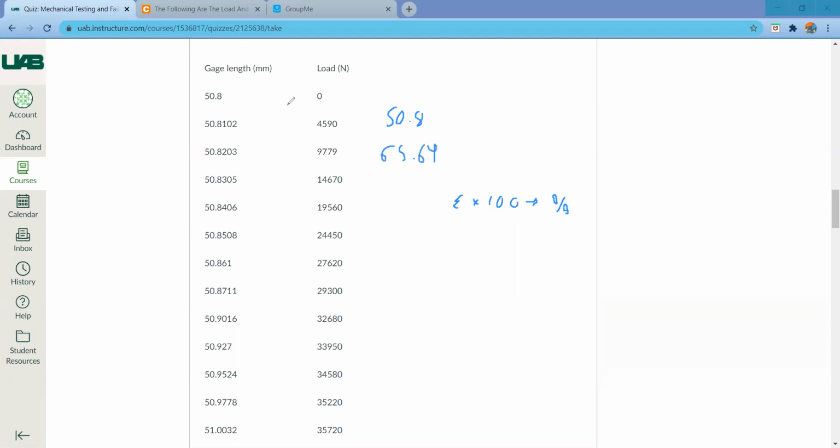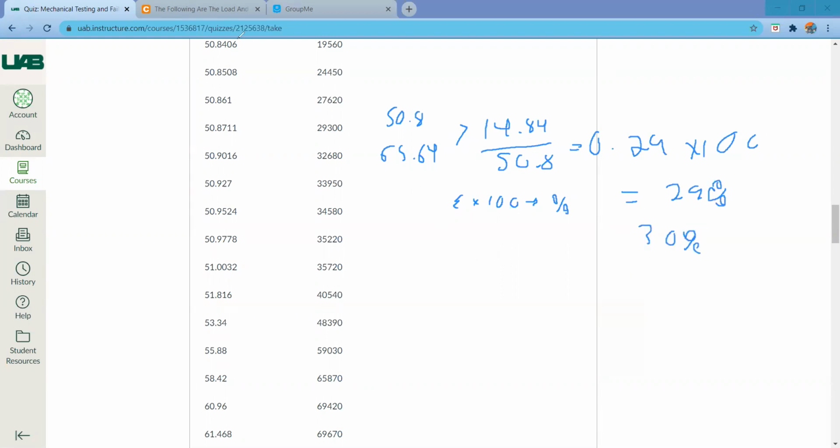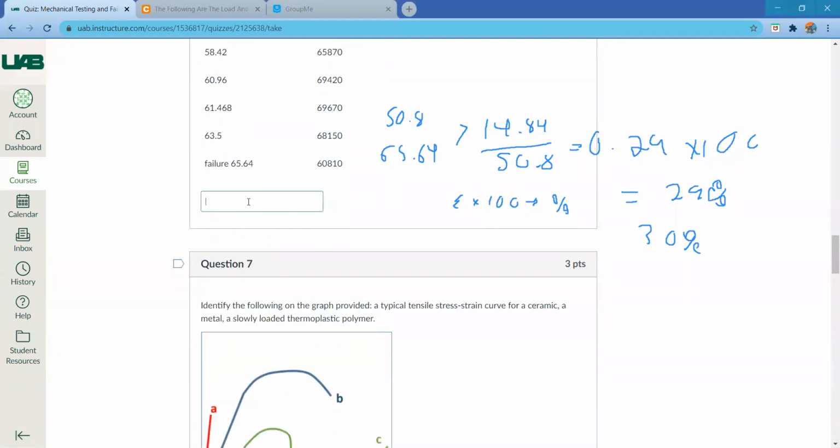So the difference between these two is 14.84, which is then divided by the initial length of 50.8, which is going to be equal to 0.29 times 100, which is going to equal 29%. I'm just going to go ahead and say 30%. And then here we're going to say 30.